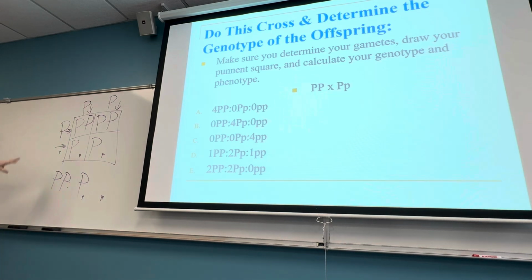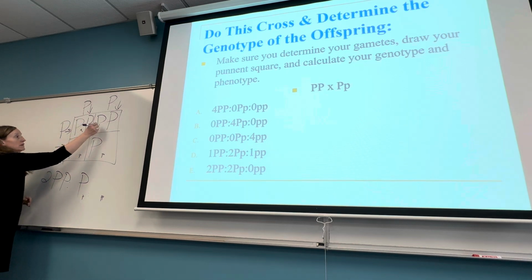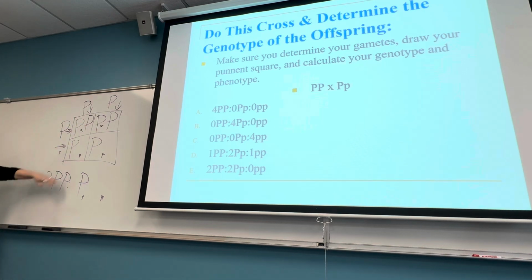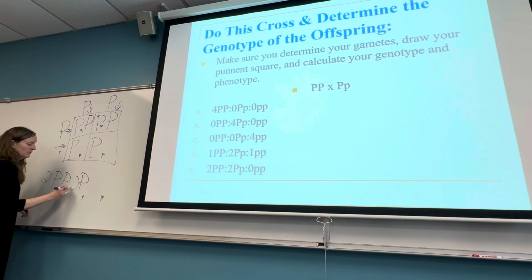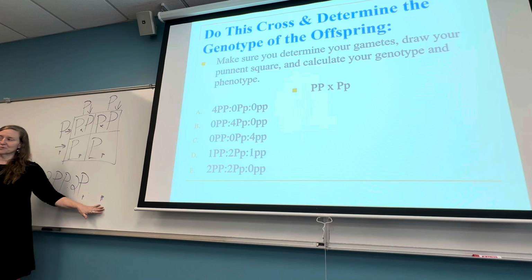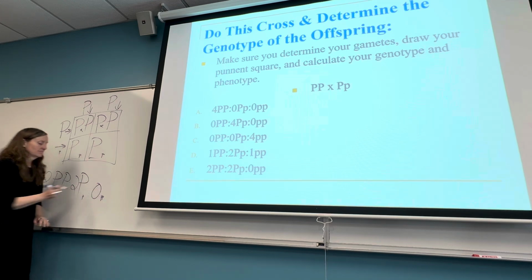So now we take a look at our offspring and we count how many capital P do we have? Two. Good, we have two of those, right? One here and one here. How many big P, little p are heterozygous? Two. All right, we've got two. And how many homozygous recessive? Zero. Good.